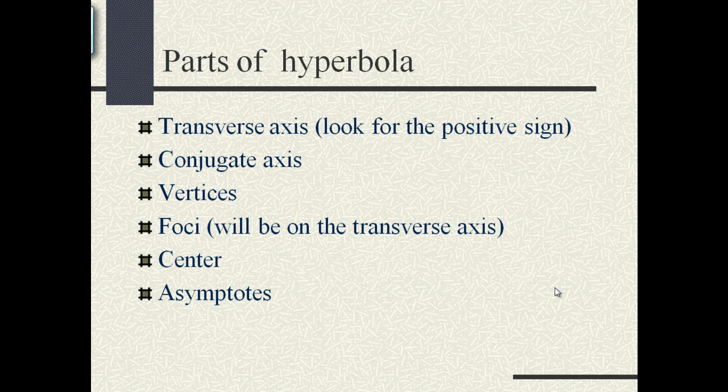The transverse axis is the axis in which the hyperbola opens. The conjugate axis is always perpendicular to the transverse axis. A vertex is a point where the hyperbola crosses the transverse axis. The foci always lie on the transverse axis. The center is the point from which the two branches of the hyperbola open. And you have two asymptotes, oblique asymptotes.